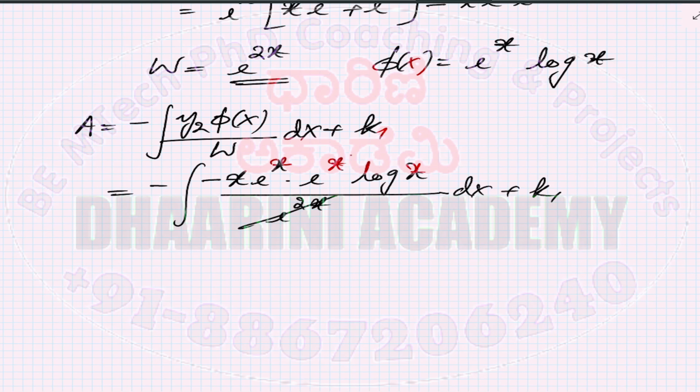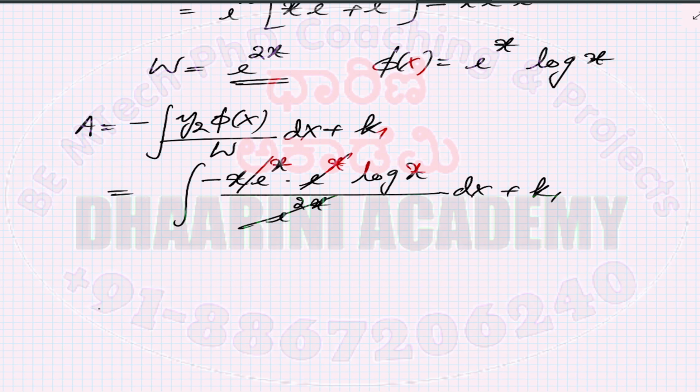So you can see that e to the 2x will cancel with this. Sorry, there is no minus inside. This was my mistake. So let me erase the outside.